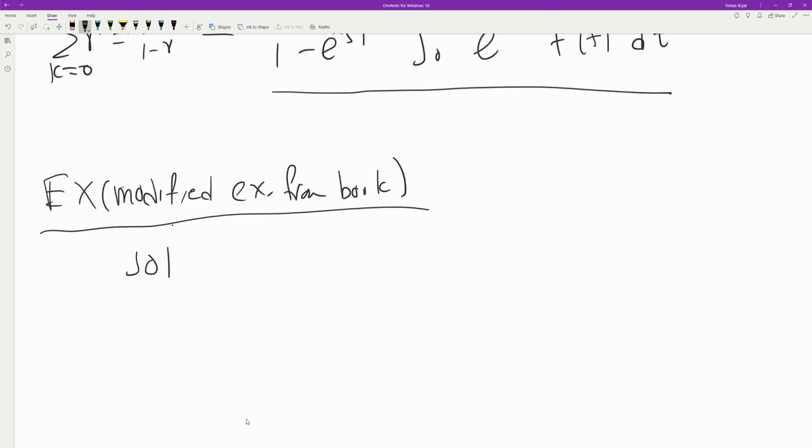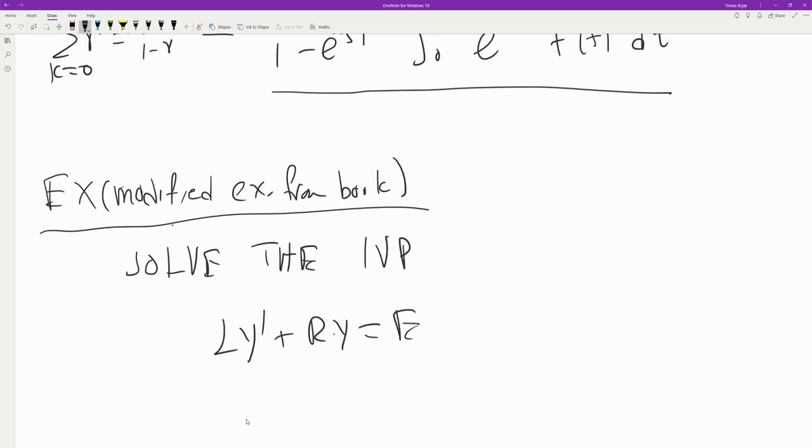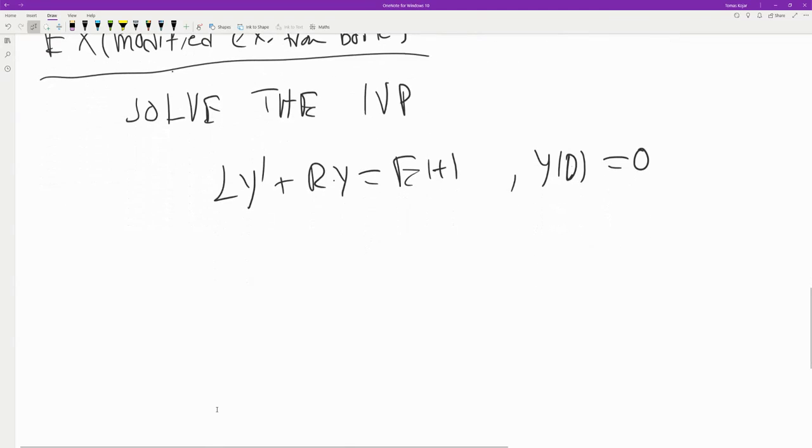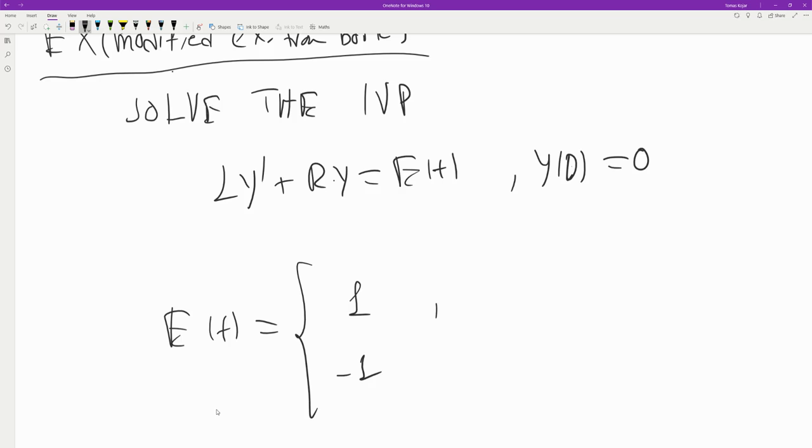Okay, so solve the IVP. So this is an RL circuit whose voltage is periodic. So it switches between -1 and 1. Let me draw a picture.